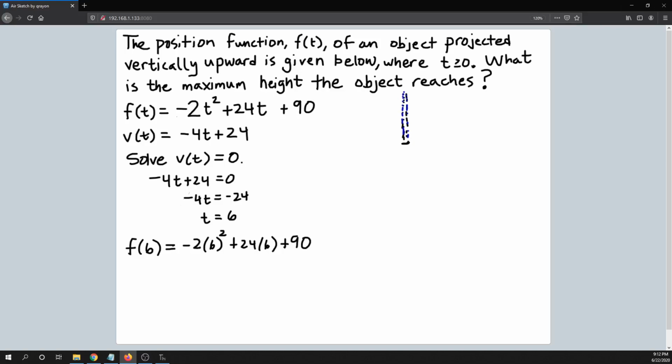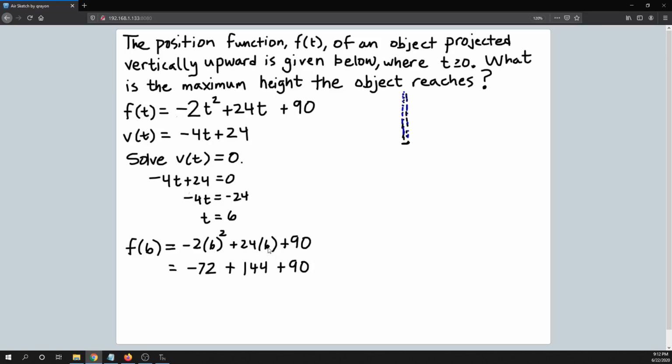Okay, and working that out, 6 squared is 36. 36 times negative 2 is negative 72. And 24 times 6, that's going to be 120 plus 24, so that's 144, I believe. Plus 90.